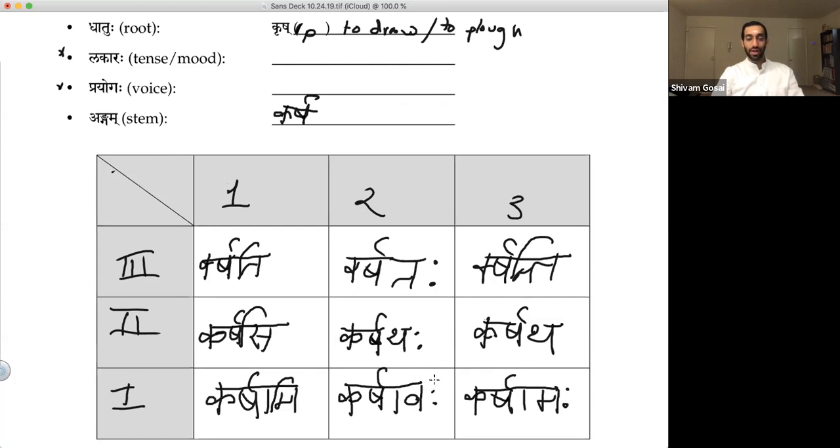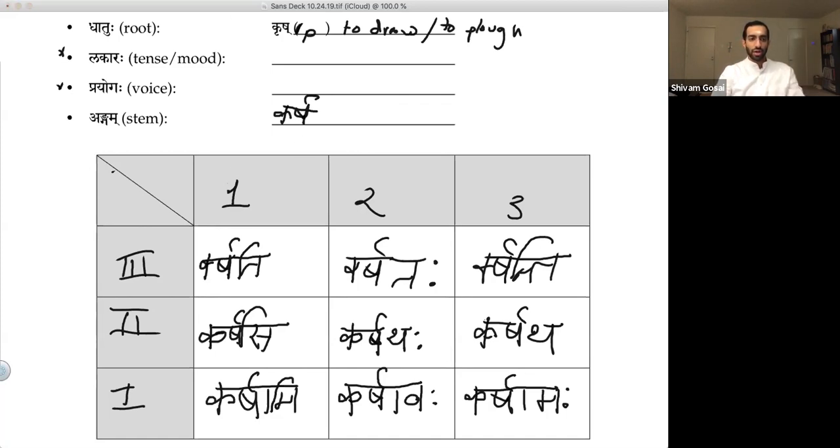Okay, so here we finished our second verb conjugation. We've added an anga plus this sting pratyayas in present tense, and we've gotten these 9 forms. Karshati, karshataha, karshanti, karshasi, karshataha, karshata, karshami, karshavaha, karshamaha.